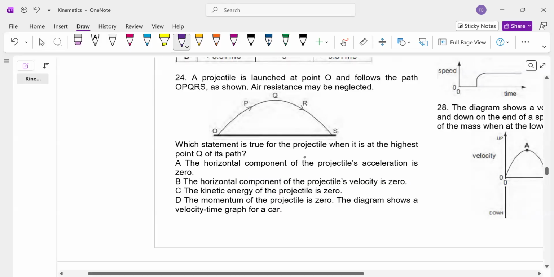What is the horizontal component at the highest point, and the vertical component? The horizontal component is the same, the vertical component is 0. Horizontal component of projectile acceleration is what? Zero. So this is your answer, it's A. This is a repeated question, I think we did it in the very beginning.